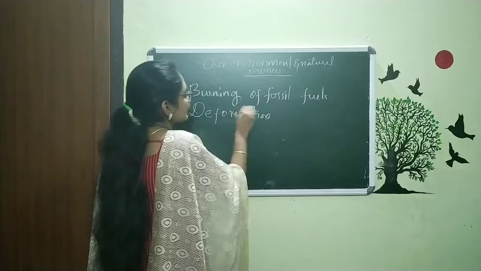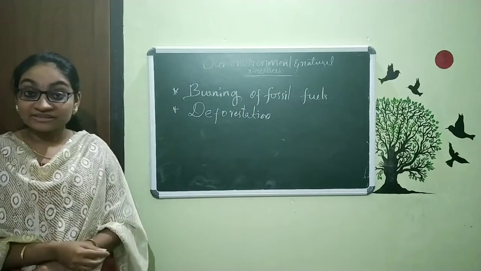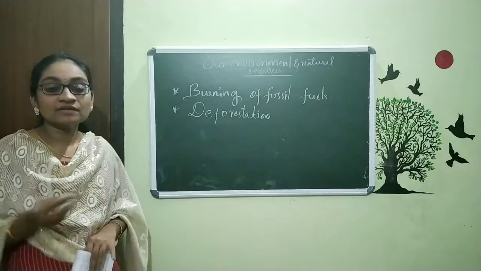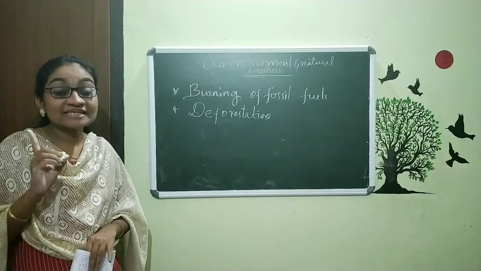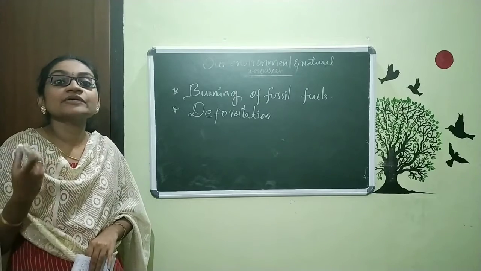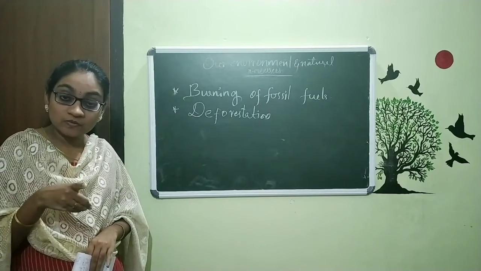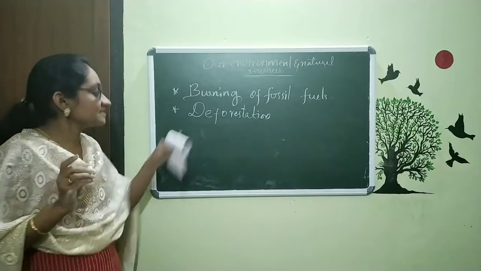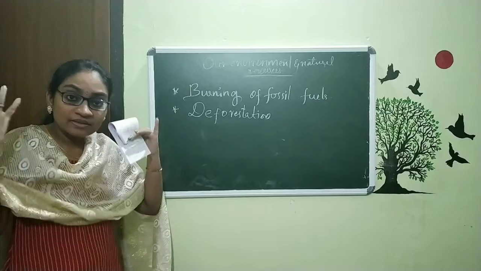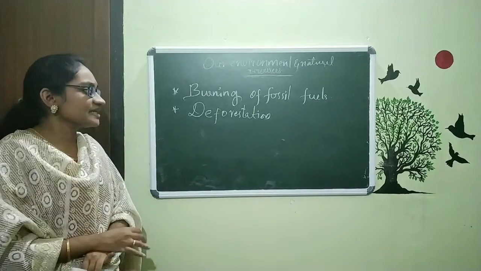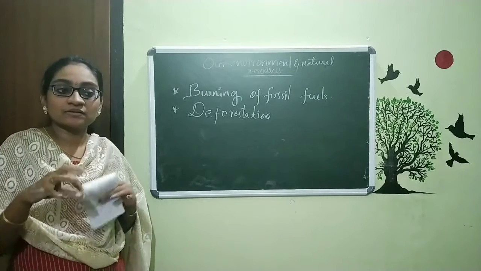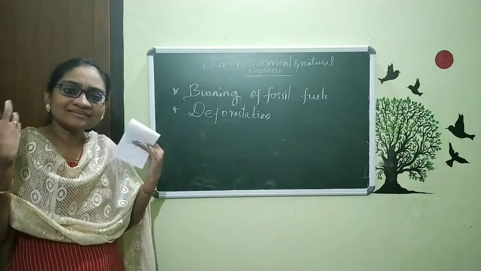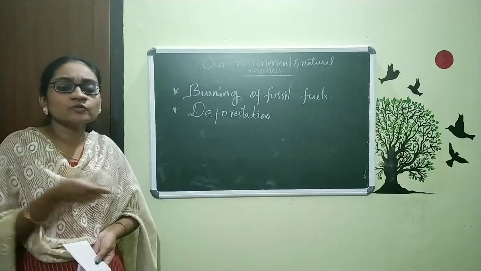The second one is deforestation. We already studied what deforestation is. Deforestation is cutting of trees. So the thing is very simple. We know the plants are utilizing carbon dioxide for what? For photosynthesis. And when we are cutting trees, the carbon dioxide will remain in the same way, and that leads to what?